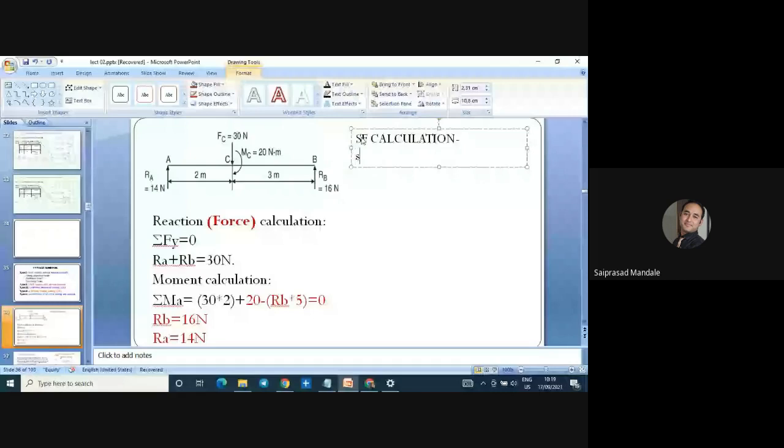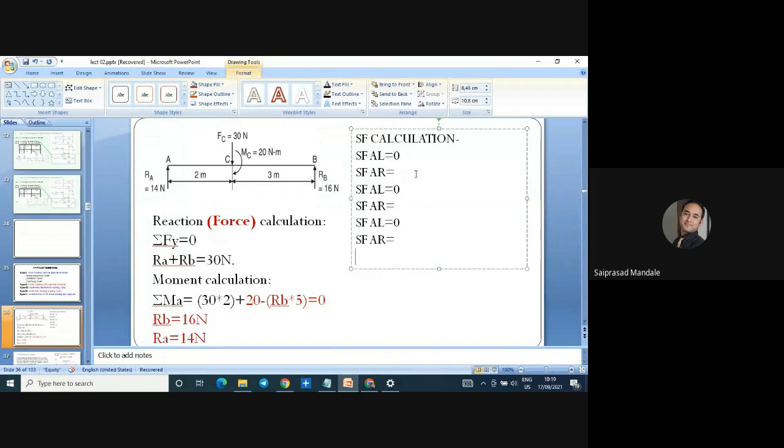SF left of A equal to 0, SF right of A is equal to something. Then I have to write the B and C points first: A, C, left of C, then right of C, B, left of B and right of B. We have to go from the left side to the right-hand side, so A, C and B should be the sequence.